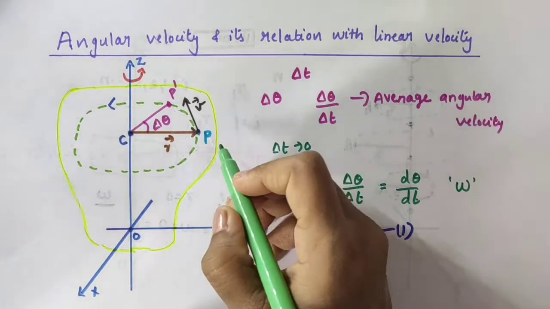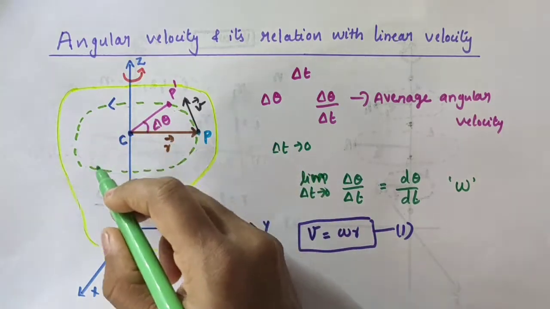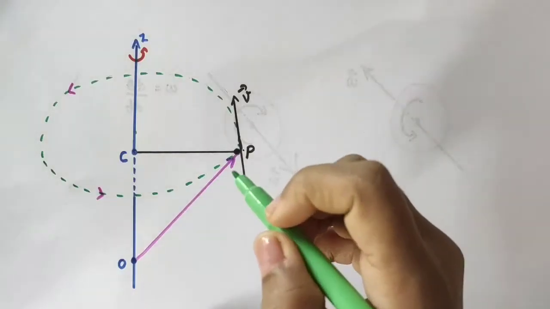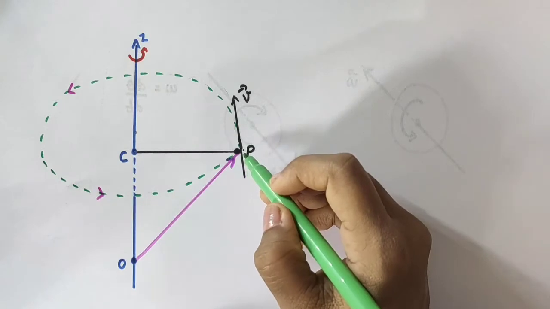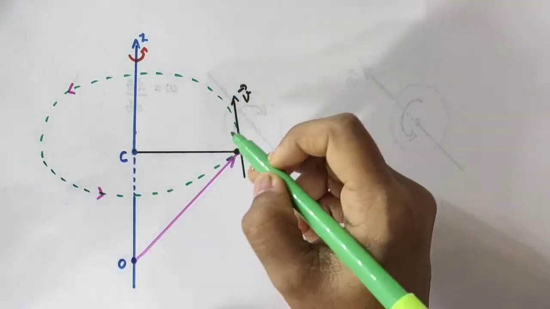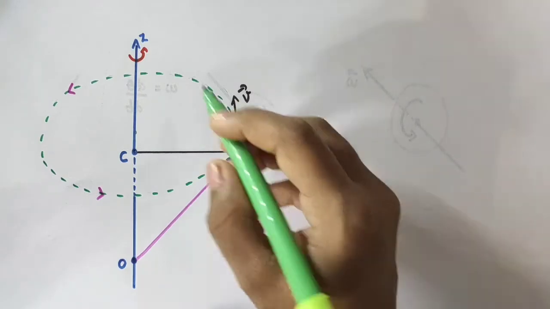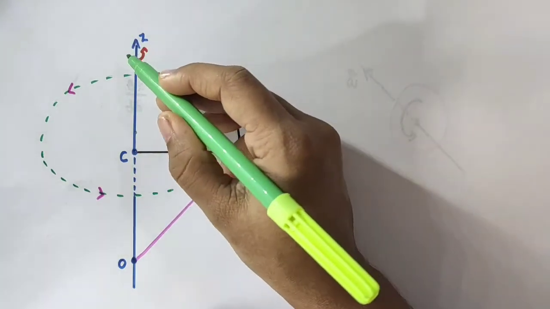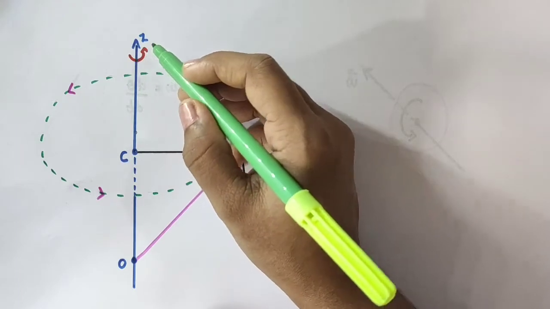Now, let us consider the particle at P describing a circle like this. I have just redrawn that here. The particle is here at this point P. This dotted path is the path of the particle P, and here the particle is moving in the anti-clockwise direction, because the axis of rotation is the Z axis and the body is rotating in the anti-clockwise direction.